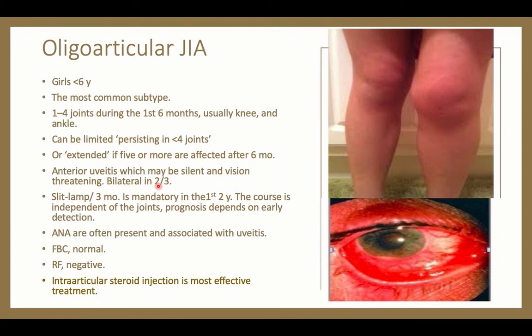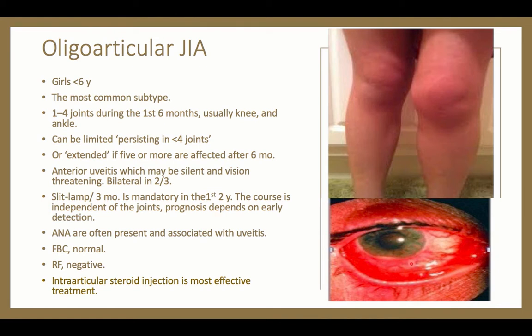It can also be bilateral in 2/3 of cases. So slit lamp examination every 3 months is mandatory and should be routine in the first 4 years of the presentation. The course of uveitis is characteristically independent of joint disease, and its prognosis depends on early detection and appropriate intervention in these cases.